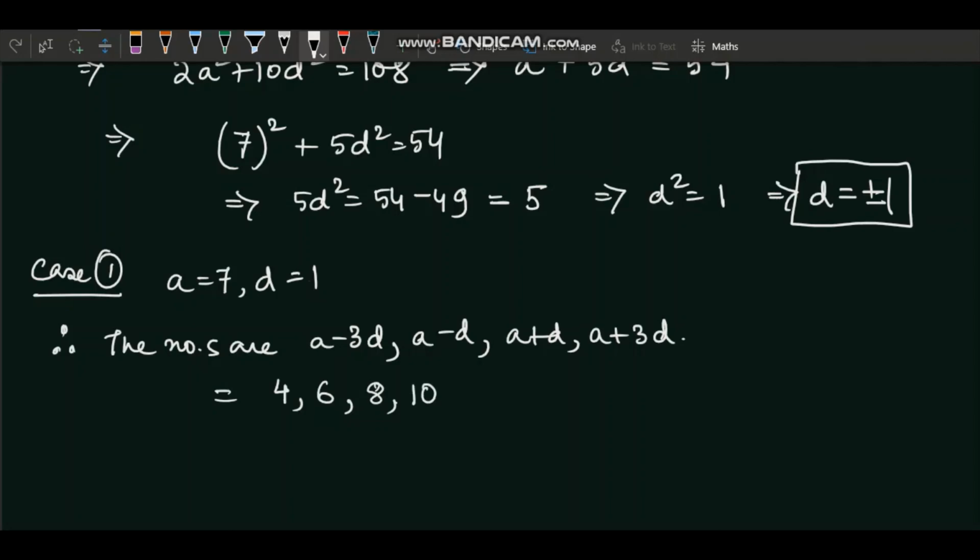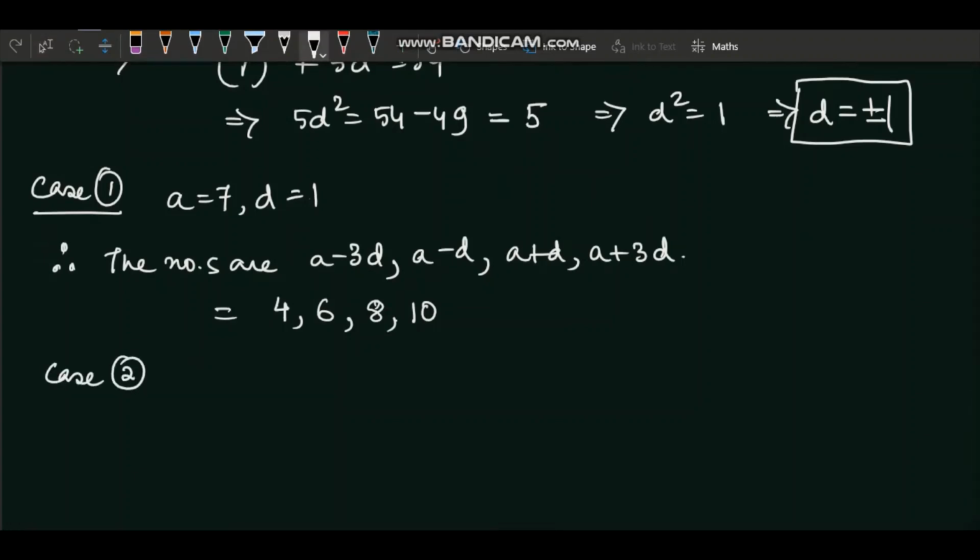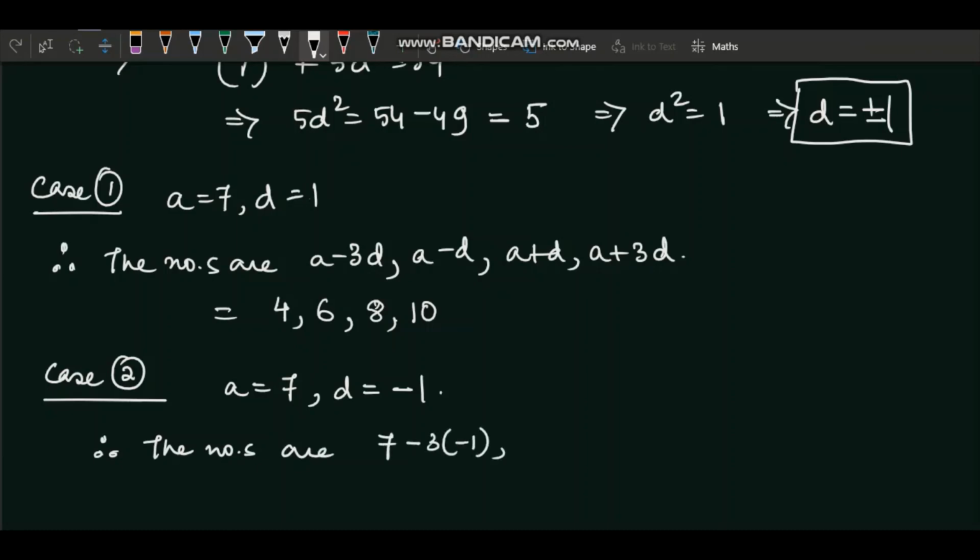Now in the second case, we take d equal to minus 1 and we will get the same thing but just in the reverse order. This is an increasing sequence, the next one is going to give us a decreasing sequence. So this is d equal to minus 1. So the numbers are 7 minus 3d, 7 minus d, 7 plus d, and 7 plus 3d.